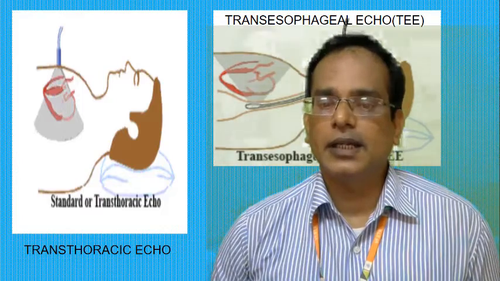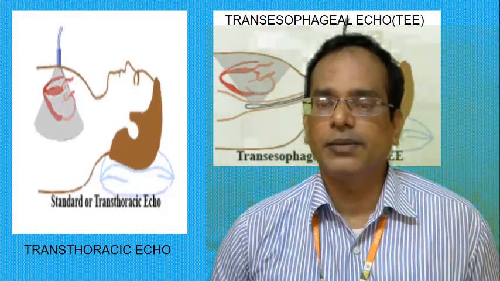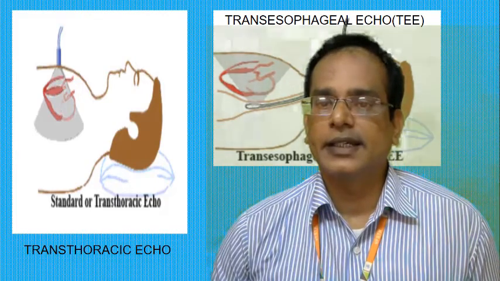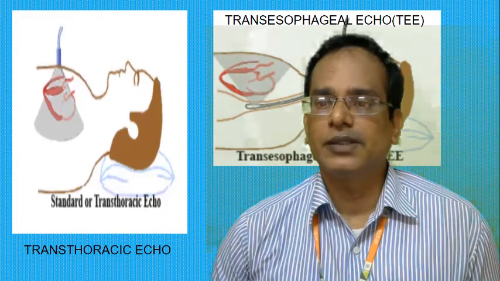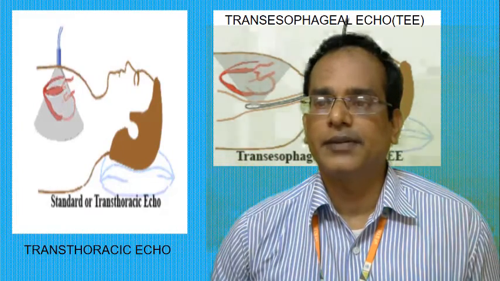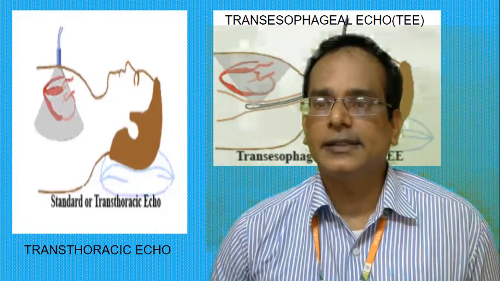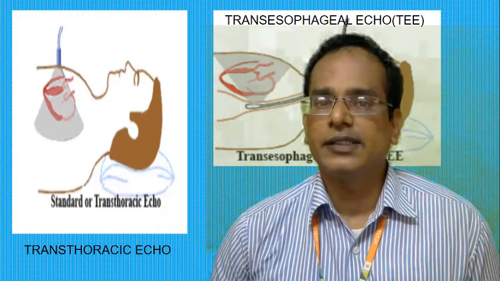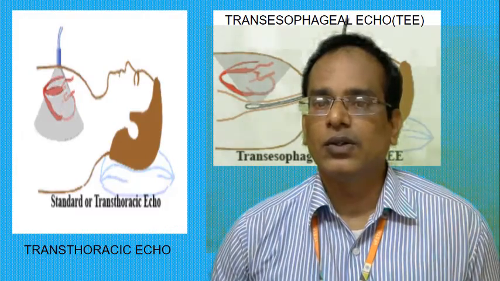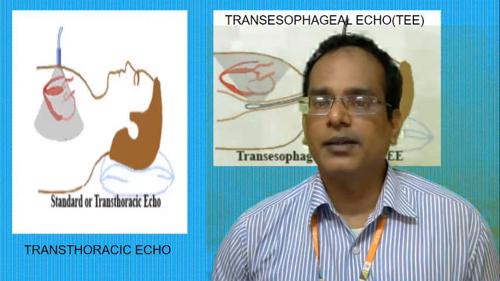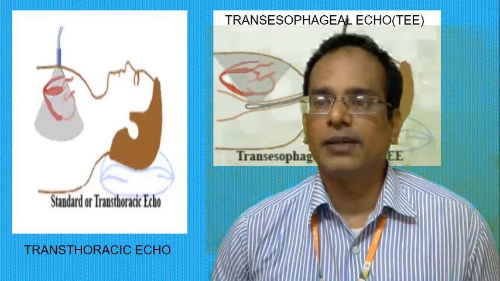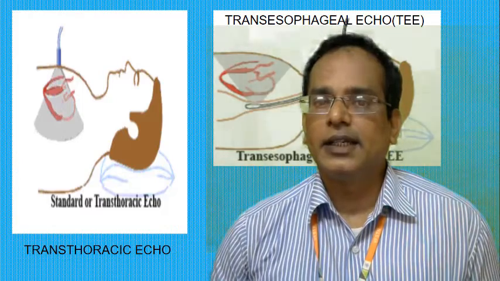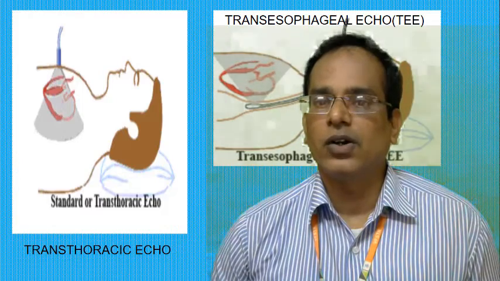Now we see the two types of echocardiogram. One is the transthoracic echocardiogram that you are seeing in the diagram on the left-hand side. The transesophageal echocardiogram you are seeing on the right-hand side. That abbreviation is called TEE. First we will discuss transthoracic echo. TTE is the most common type of echocardiogram.